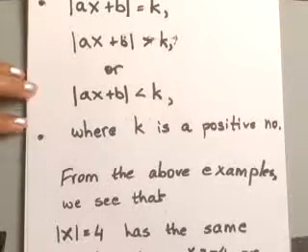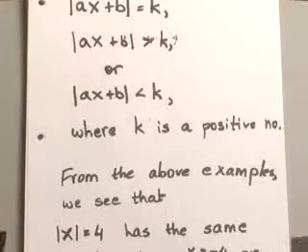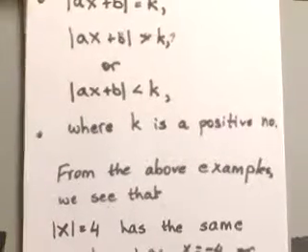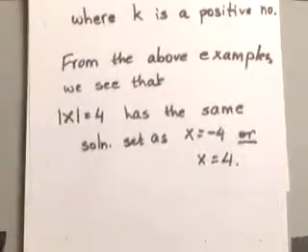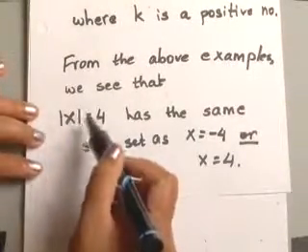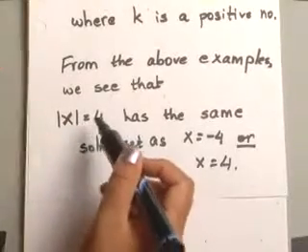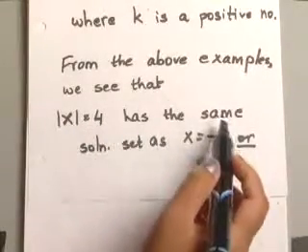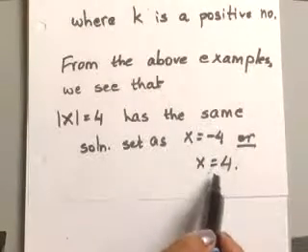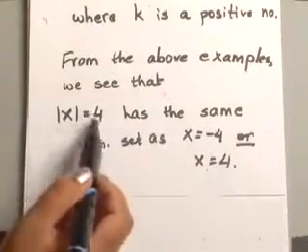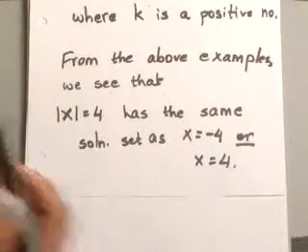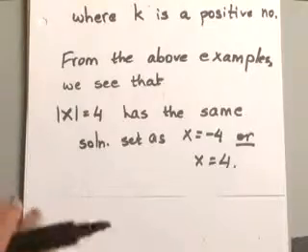Now, if we take the above examples that we saw, let's say we have absolute value of x equals 4. As we saw above, this would have the same solution set as x equals negative 4 or x equals 4, which tells me negative 4 and 4 have a distance of 4 from 0.